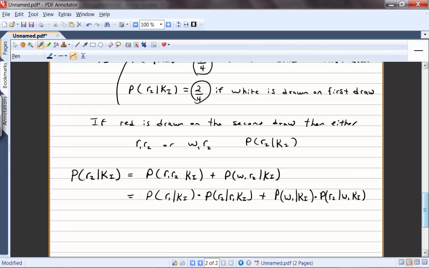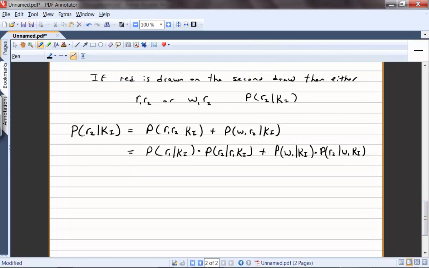We won't derive the product rule for probabilities. But now it becomes easier because we know each of these probabilities. We're not ambiguous about any of these four probabilities. What's the probability that red is drawn on the first draw given our initial knowledge? Well, there are 5 balls and 2 of them are red.